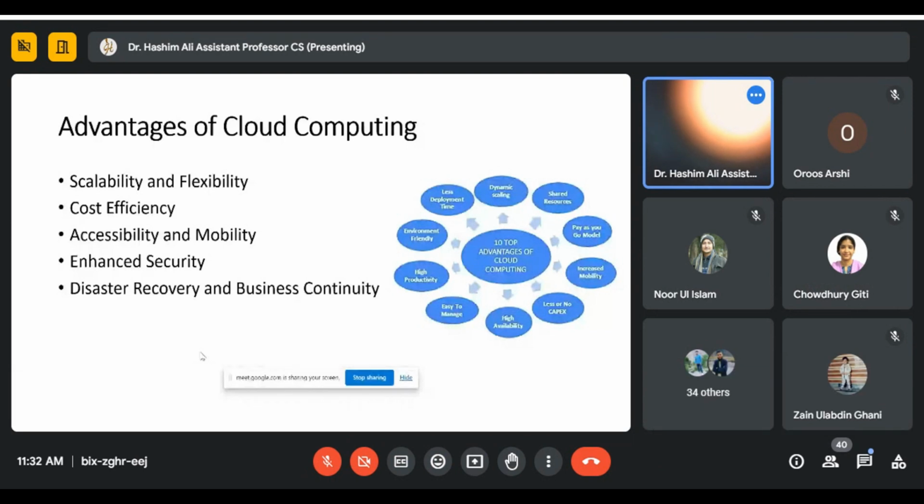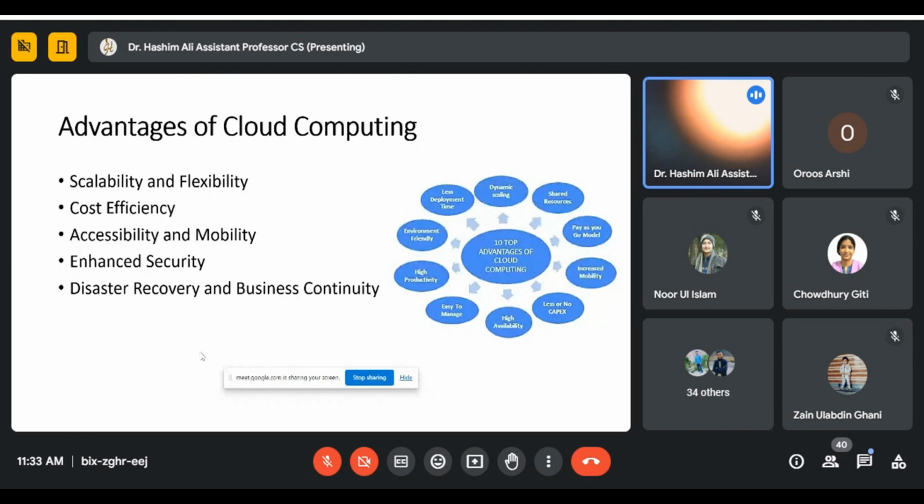So cost efficiency is provided to the end user, because they are not going to pay for the licensing of the software or the maintenance cost of locally available IT infrastructure, because all these things are provided as a service to the end user.